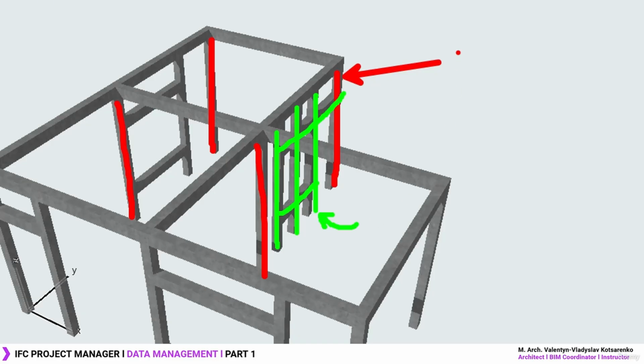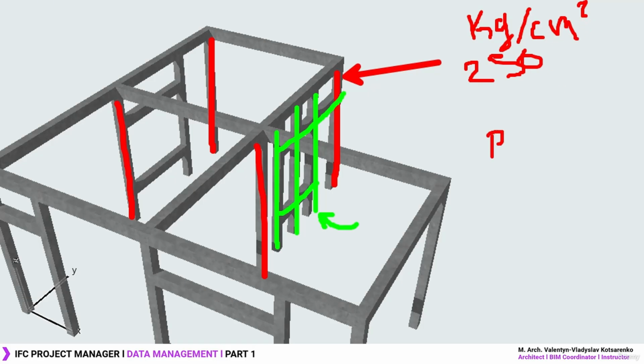In my country, the concrete mix is measured in kilograms per square centimeter. For structural elements, we usually use 250 kilograms per square centimeter. If in your country they measure this in PSI, or maybe bar, feel free to always use whichever unit you want to use.